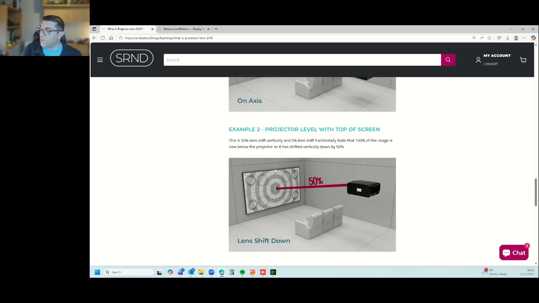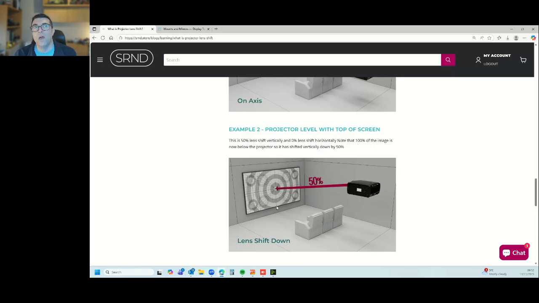So what we have to do is move the image by 50% of its image height down to fill the screen again. So 50% is a pretty important number when you're looking at lens shift, because if you have 50% lens shift, you can put the projector level with the top of the screen.